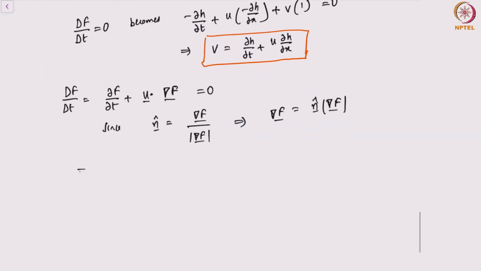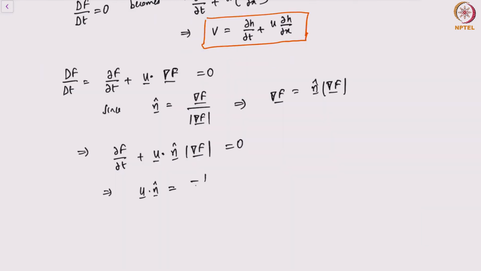If I substitute this, we have del f by del t plus u dot gradient of f, which can be replaced with n hat dot gradient of f, and this is equal to 0. Or I simply have u dot n will be minus 1 by gradient of f times the local changes in time for f, partial derivative of f with respect to time.